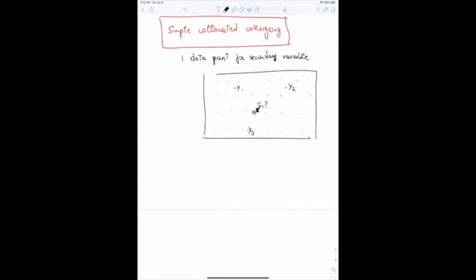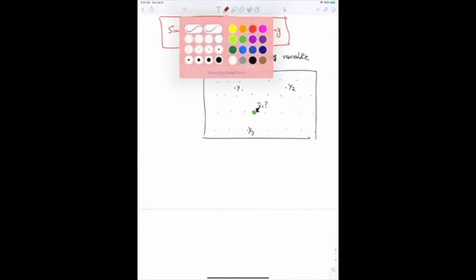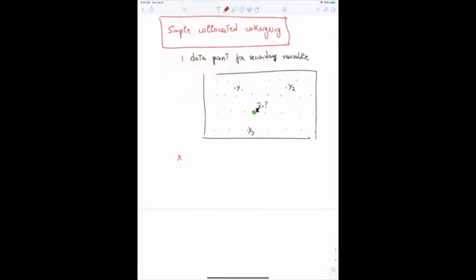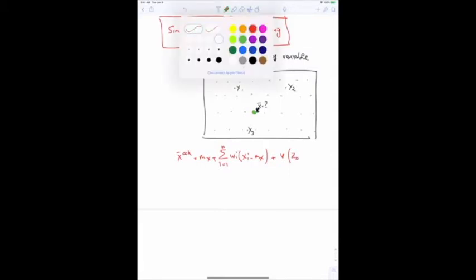So the estimate is, I'm going to call it CCC, collocated co-kriging, is mx plus the sum for i that goes from 1 to n of wi times xi minus mx, and then we have one weight, which I call v, times z, I'm going to call it z0. It's this data point here.